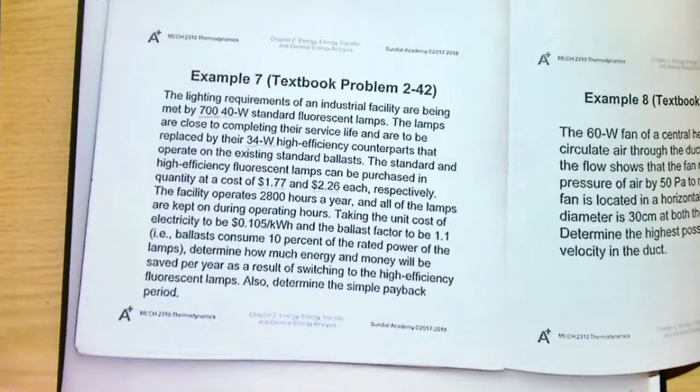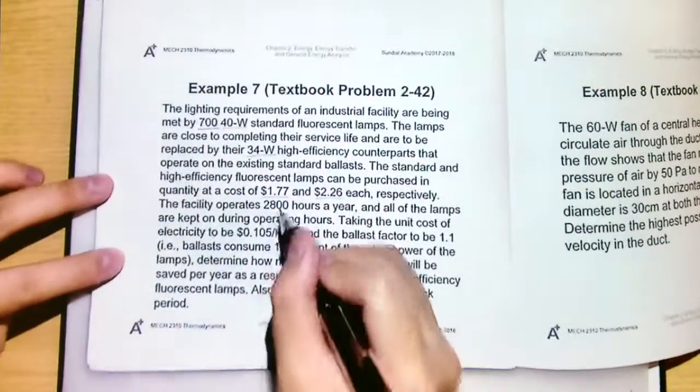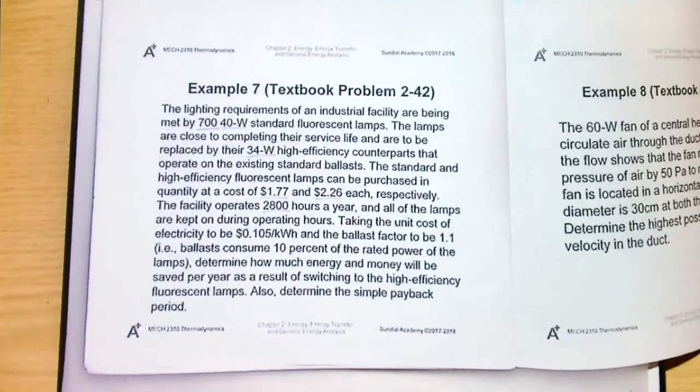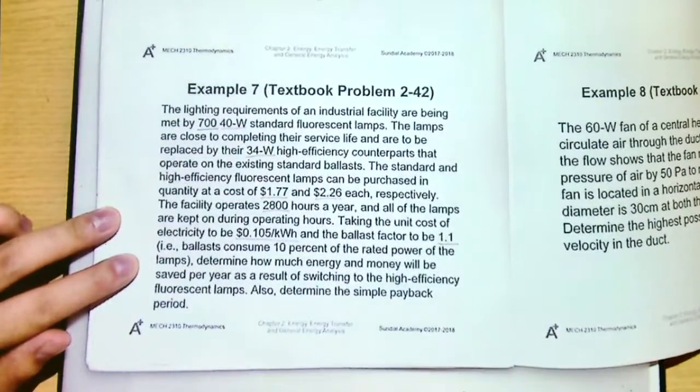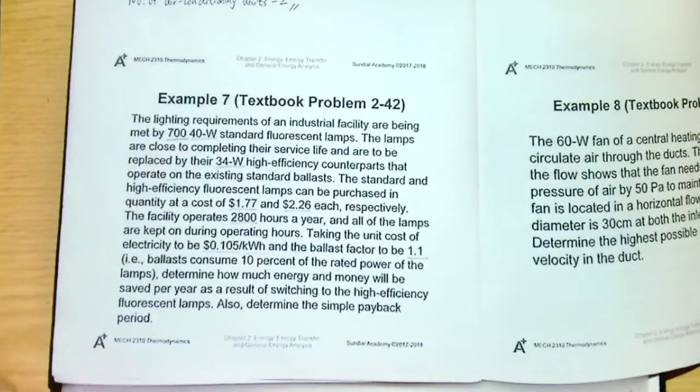And for this facility, we also have the number of hours of operation to be this one, 2,800. Okay, so all of the lamps are kept on. That's some of the assumptions that we usually make to simplify our calculation. We take the unit cost of this one, so this is also important. Okay, and then we have highlighted all of the values.